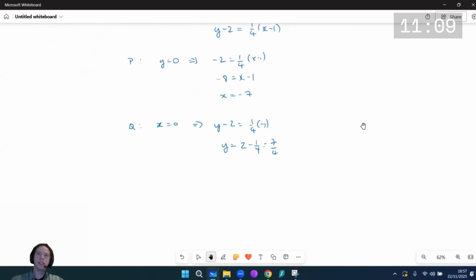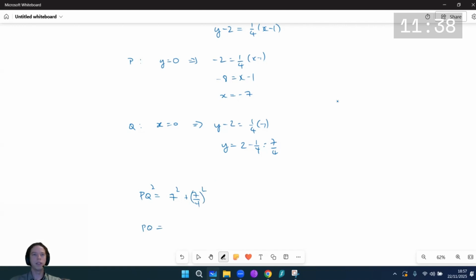So y is 7 quarters, x is -7. Again, for PQ, I just need to do Pythagoras. So PQ squared equals -7 squared, so 7 squared, plus 7 over 4 all squared.